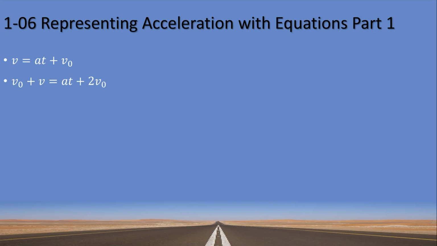All right, so if I take that equation and I add another v0 to both sides, then I divide both sides by 2. This is the average velocity.